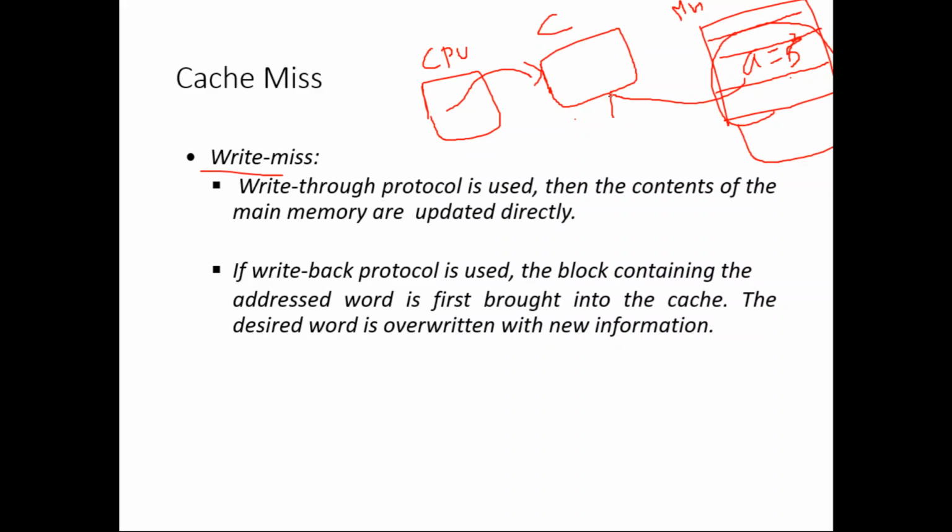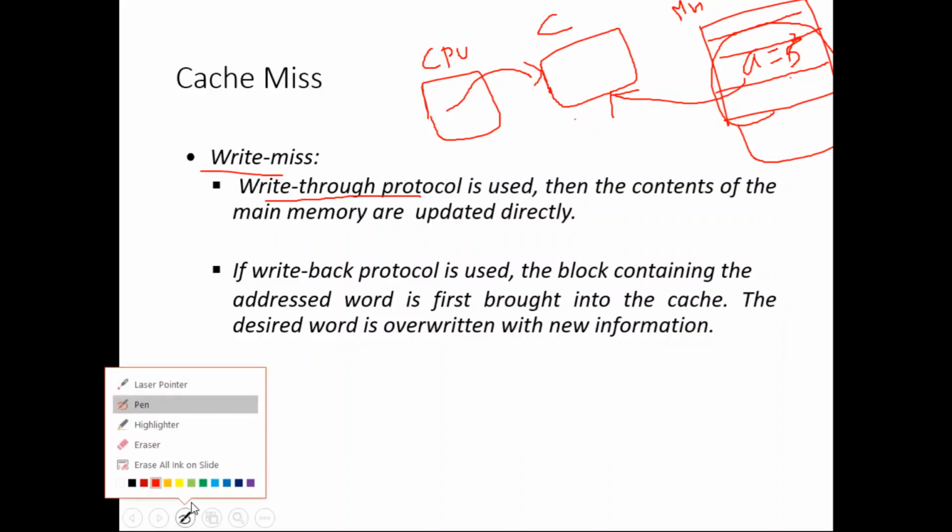Now the CPU can access the variable a from the cache memory. So the first method is the write through protocol.